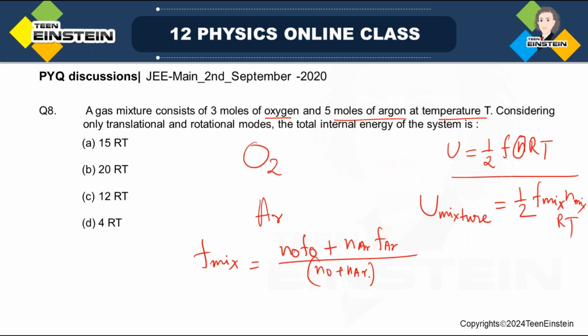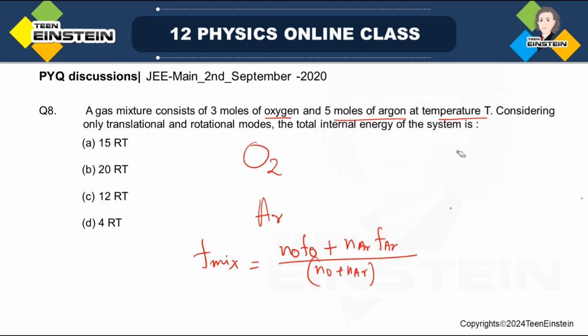This is the formula for the degrees of freedom of a mixture gas.